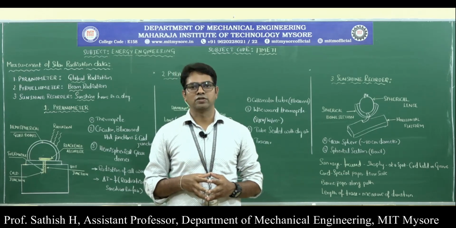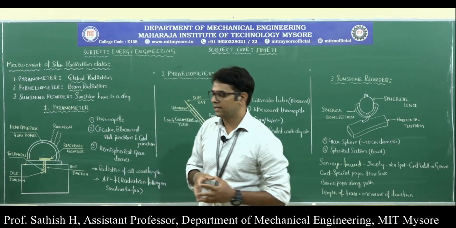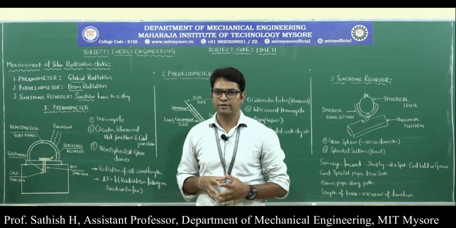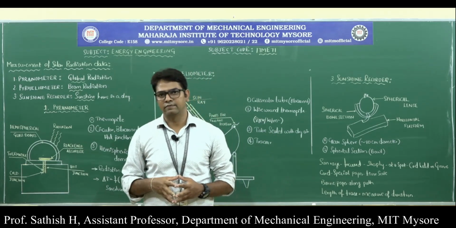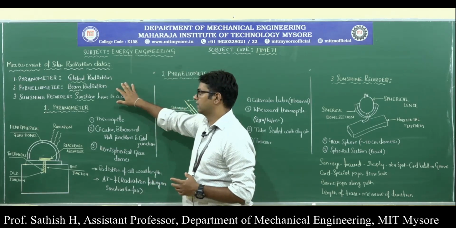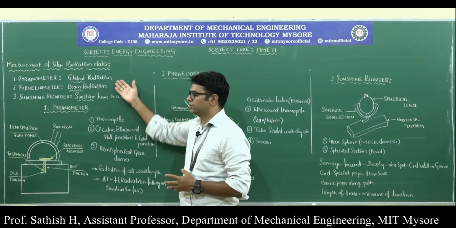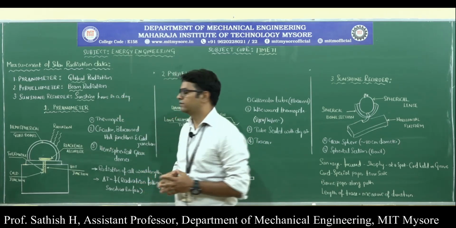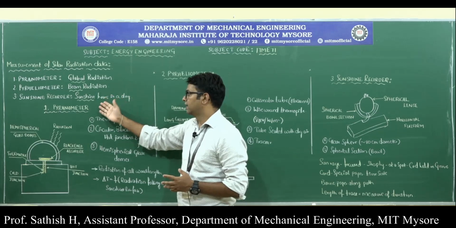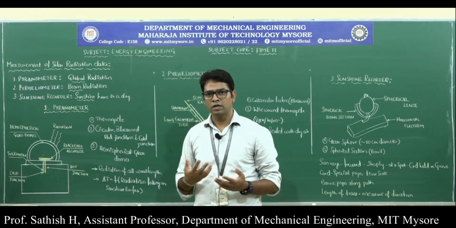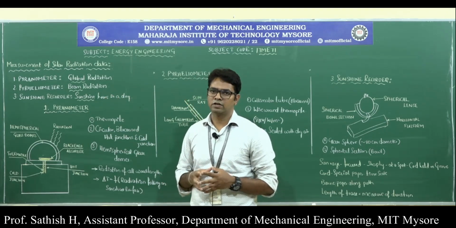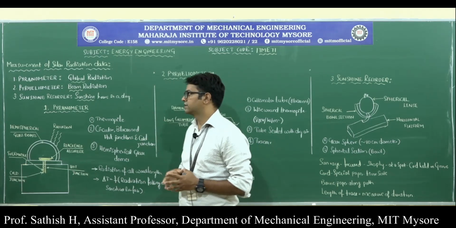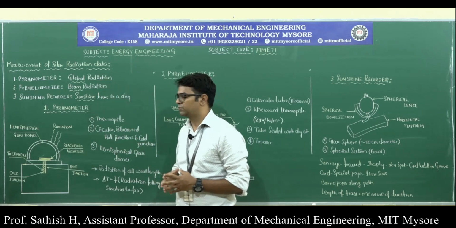So basically, to measure solar radiation data, we make use of three important instruments: the pyranometer, which measures global radiation; the pyrheliometer, which measures beam radiation; and the sunshine recorder, which measures in hours how many hours of sunshine there were in a day. So this is about the three types of instruments.